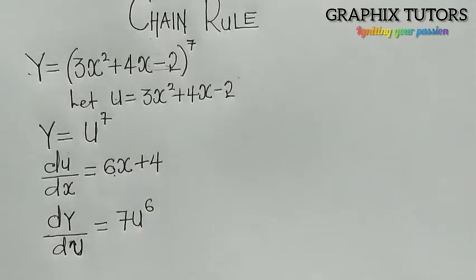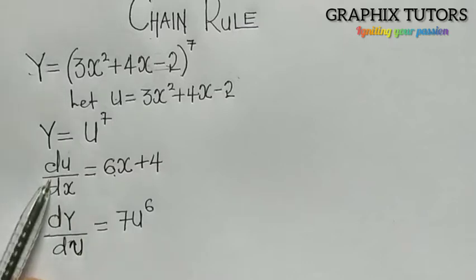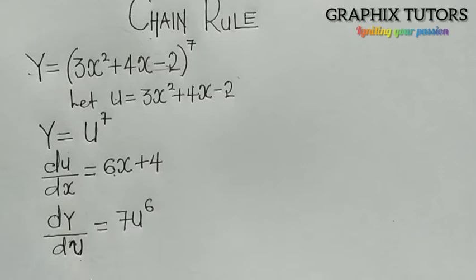So what I'll do is multiply both of them. That's what the chain rule is telling us. We multiply the differentiation of both of them.